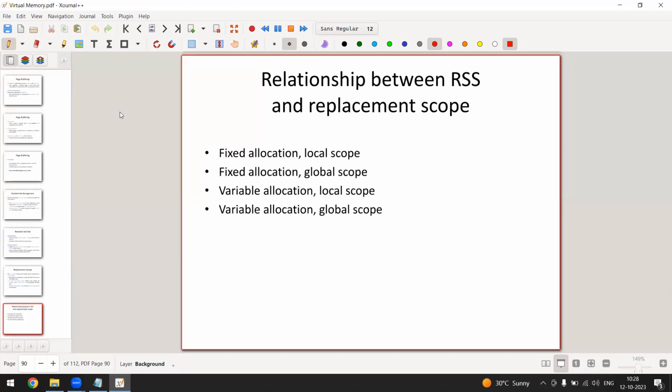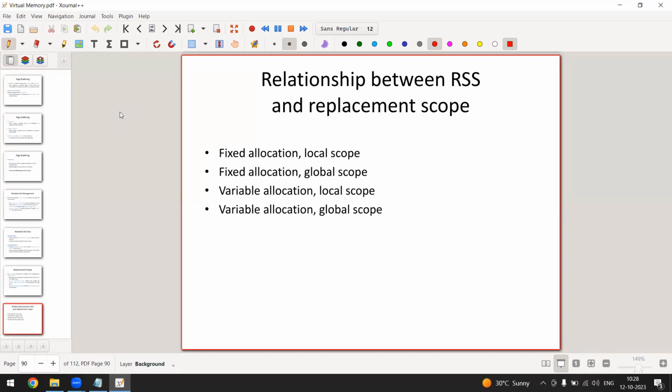So you can generate 4 different combinations from these 2 parameters. Resident set size can be fixed or variable, and the replacement scope can be local or global.